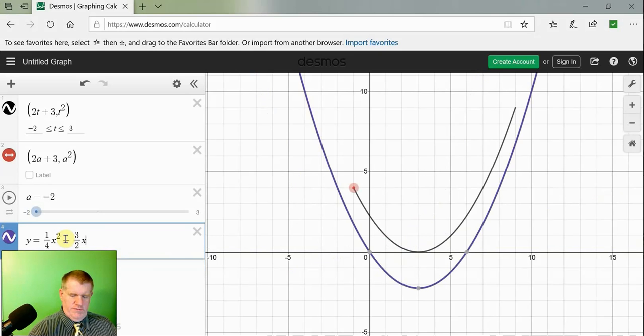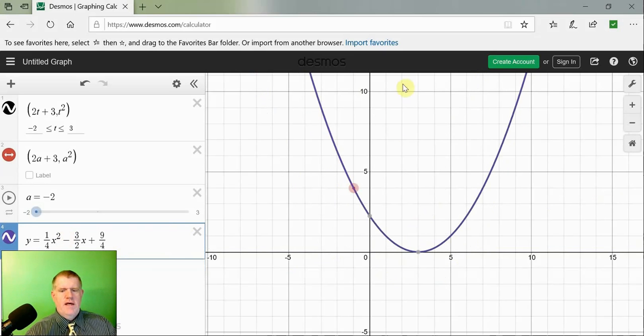What we've got to do is move this up 9/4, and bingo. That graph is the same shape as the parametric graph, but it is not the same graph because the parametric is only taking into account a small interval of that, and parametrics do have a direction to consider.